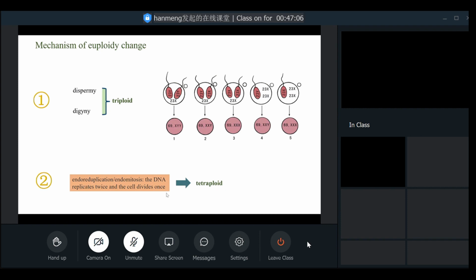Then when it forms the fertilized egg, it will have 4 chromosome sets in these cells.